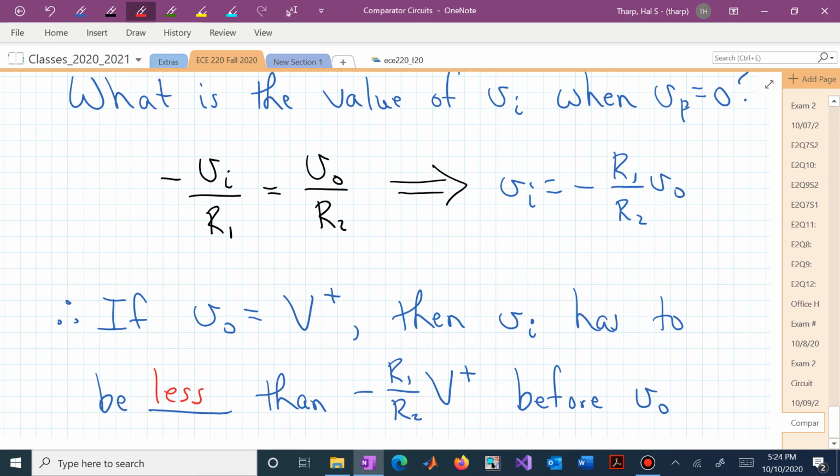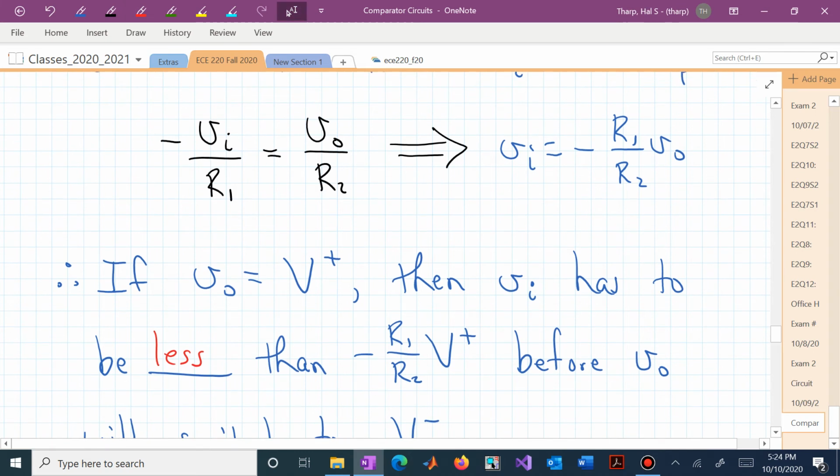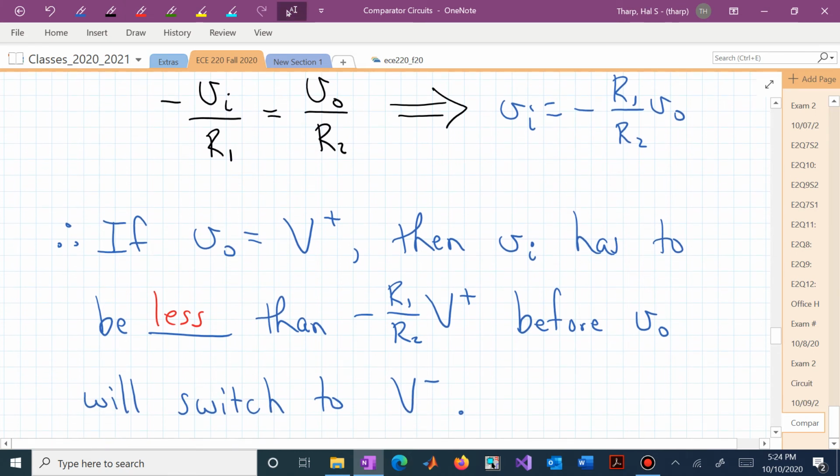It's no longer 0, it's actually a little bit negative, and it's negative by the amount determined by this ratio of resistors R1 to R2. So now we go a little bit below 0 before the output voltage V naught, which is at V plus, is going to switch down to V minus.